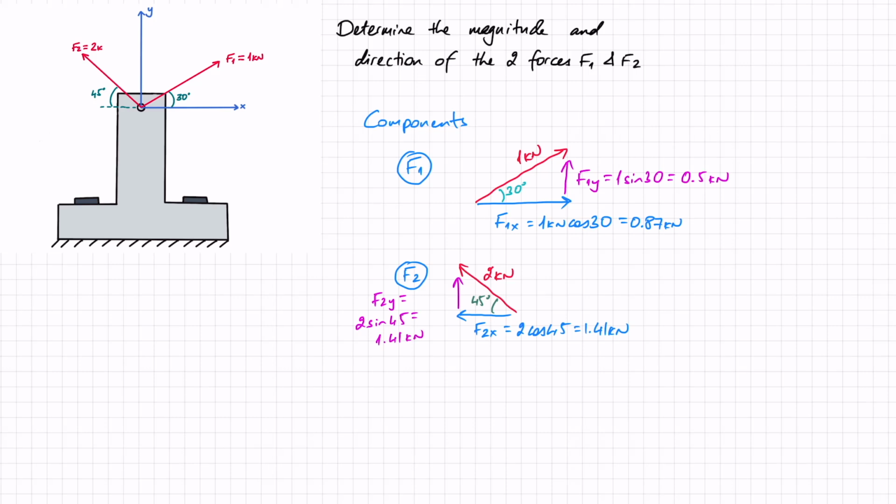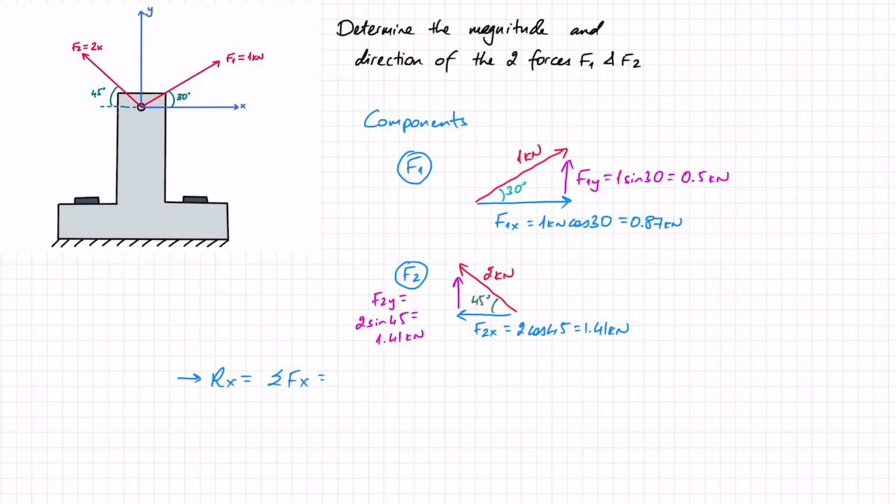In order to find the resultant, I need to sum up the forces in the x and the y. Let's start off with the x direction. So the resultant in x, and I'm going to say that this is my positive x direction, is going to be the sum of forces in the x direction.